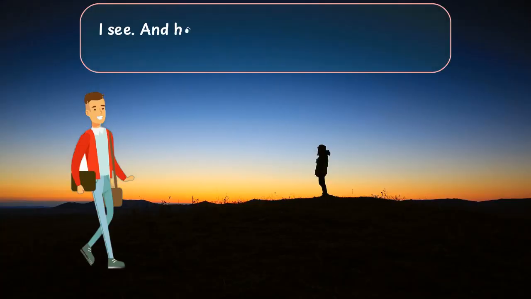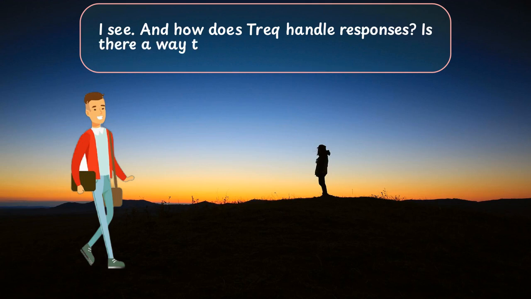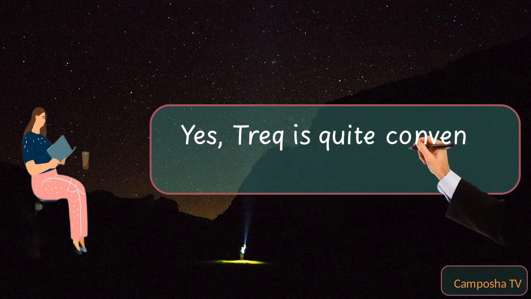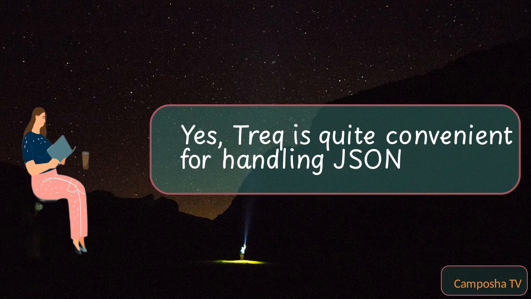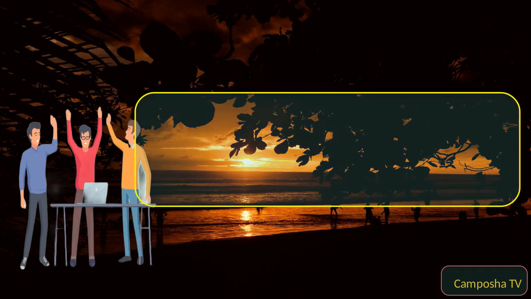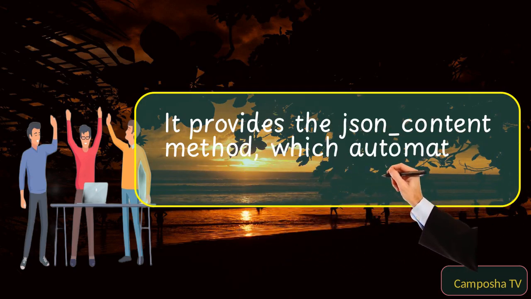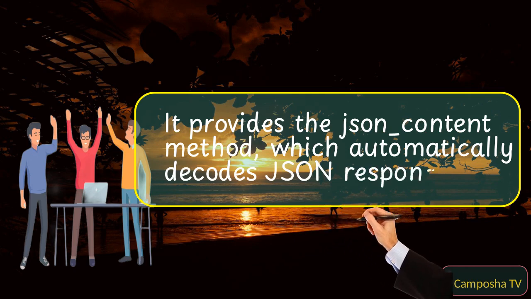I see. And how does Treq handle responses? Is there a way to process JSON data easily? Yes, Treq is quite convenient for handling JSON. It provides the json_content method, which automatically decodes JSON responses.